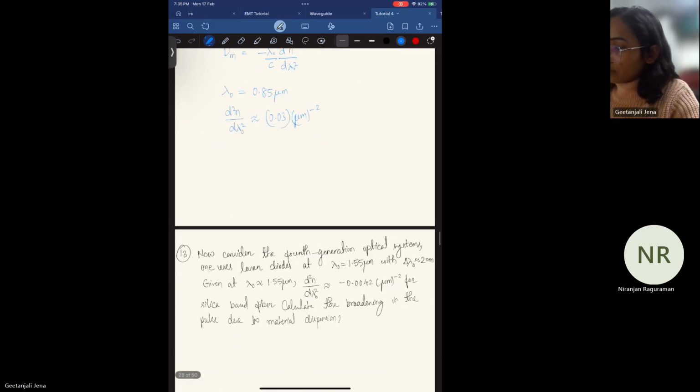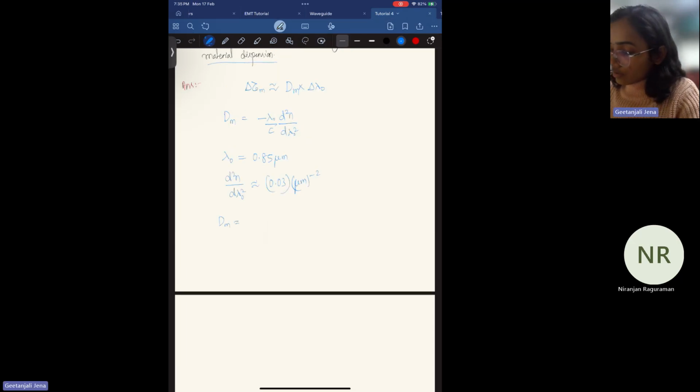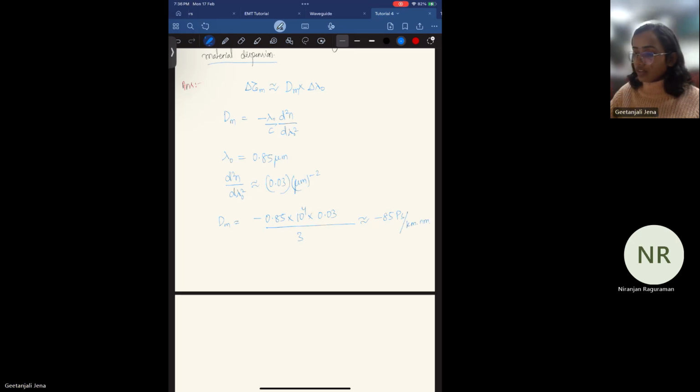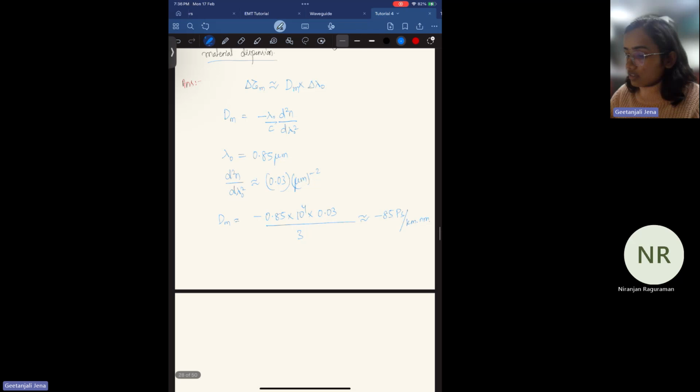So we have Dm now, which is minus 0.85 into 10 to the 4, times 0.03 over c, right? So this is 3. This will give minus 85 picosecond per kilometer nanometer. And delta lambda is already given, 25 nanometer.